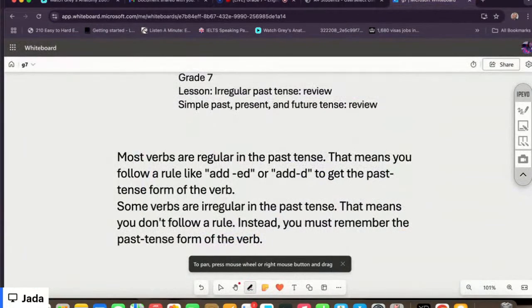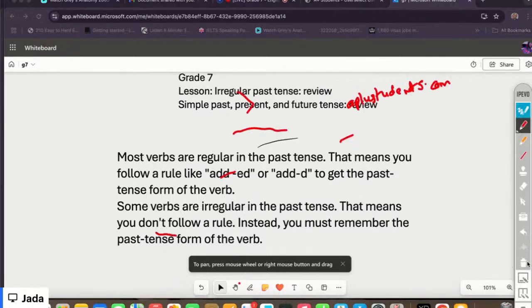All right, so we need to note first that most verbs are regular in the past tense. That means you follow a rule, like add ed or d, to get the past tense form of the verb. So most verbs are just the regular ones and they end with ed.